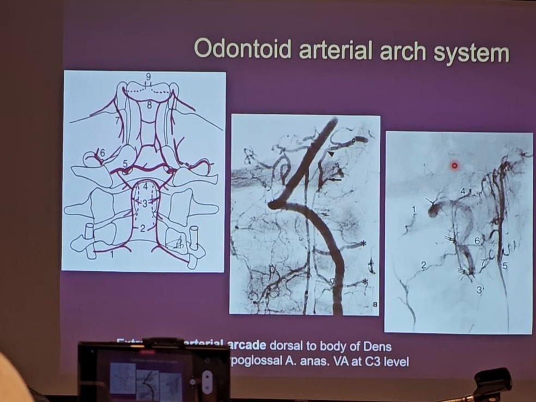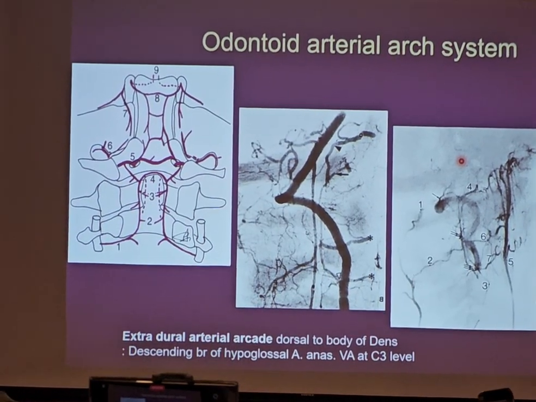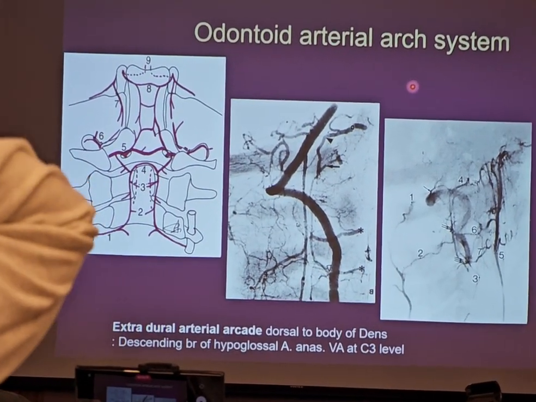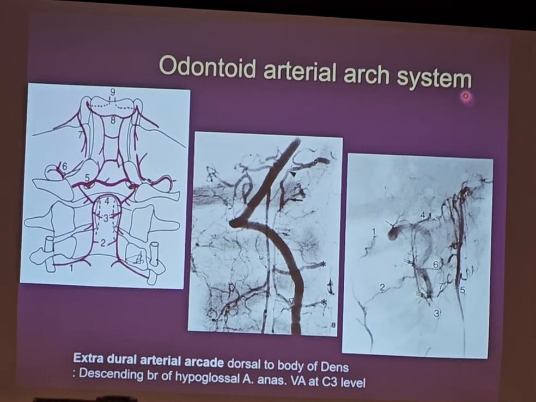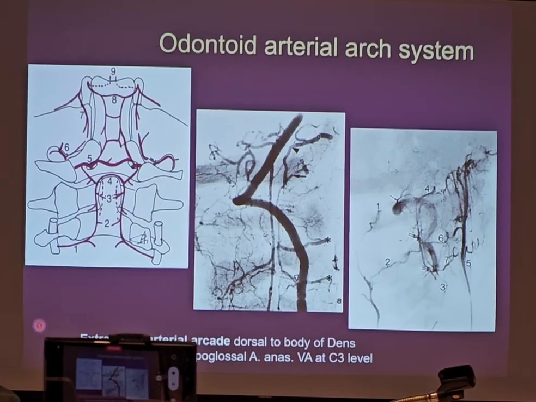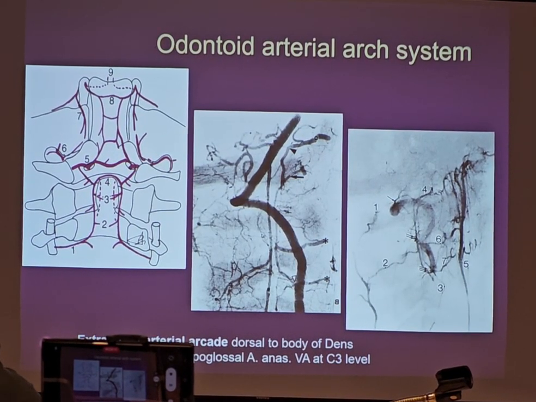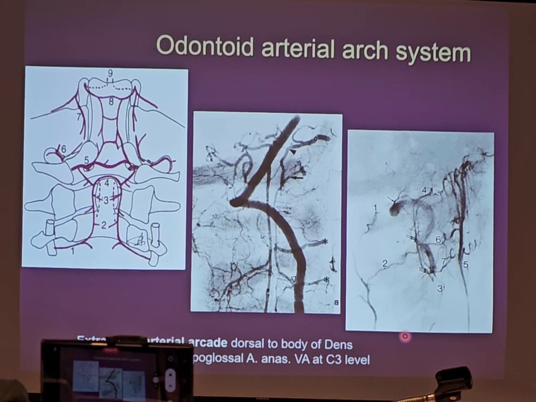Let me introduce you to another interesting arterial system. I think we mentioned a little bit yesterday what the odontoid arterial system is. Let's make sure that you understand that this artery is an extradural artery. So that means the function is to supply something extradural.